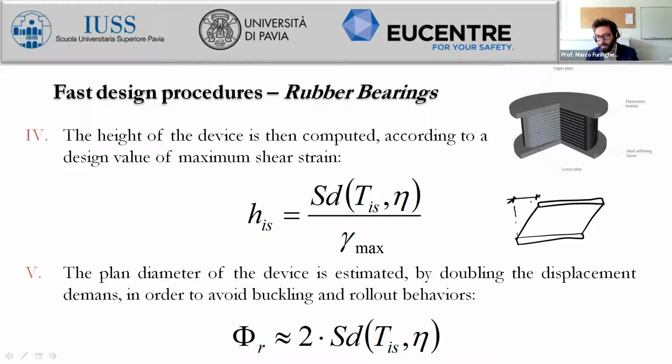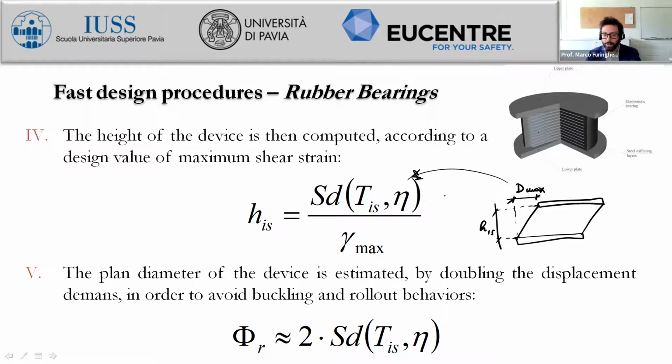This is the displacement, the max, and the max is directly the spectral coordinate with respect to the displacement spectrum, and the height of the isolator, H isolation.